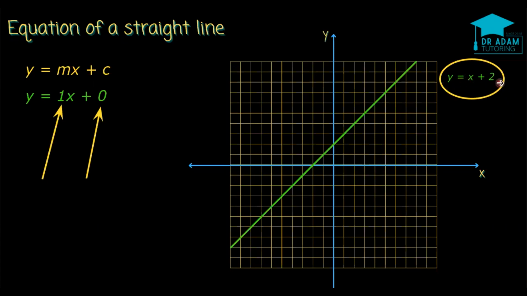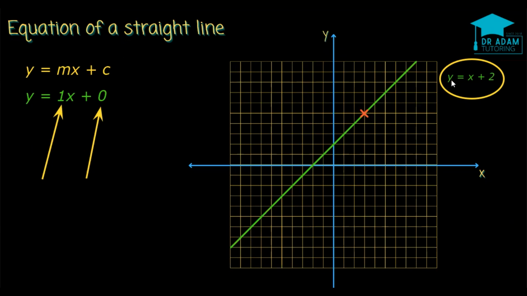Now what that's done is that it's changed the relation between the x and the y coordinates on the line. So for example, if we take this point here, we can see that the coordinates of this point are 3, 5. The x coordinate is 3 and the y coordinate is x plus 2. So if x is 3, y is 3 plus 2, which is 5.